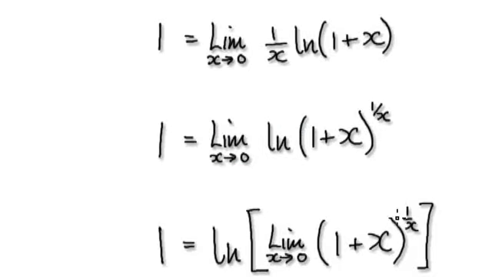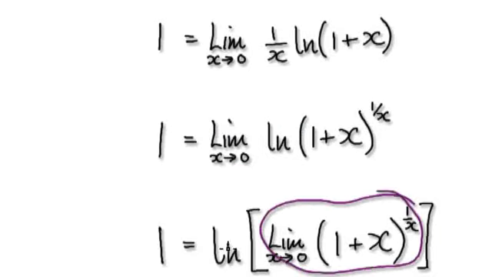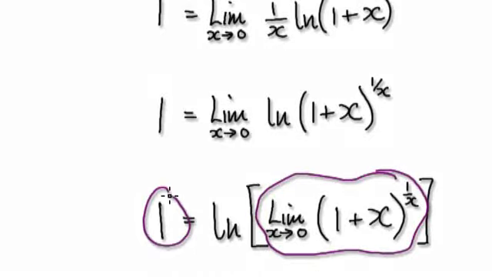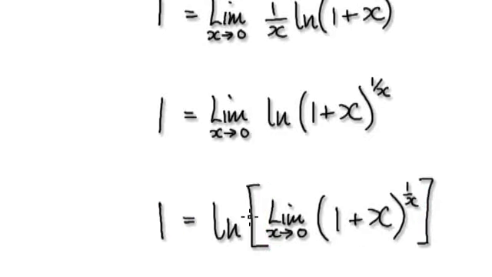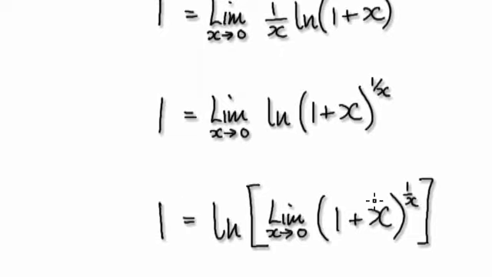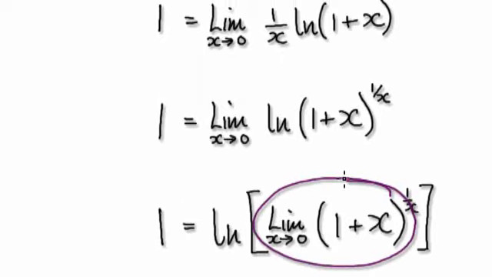So now we've found something that when you natural log it, it gives you 1. That's the whole point. That was our aim right from the start. So this is our answer here.